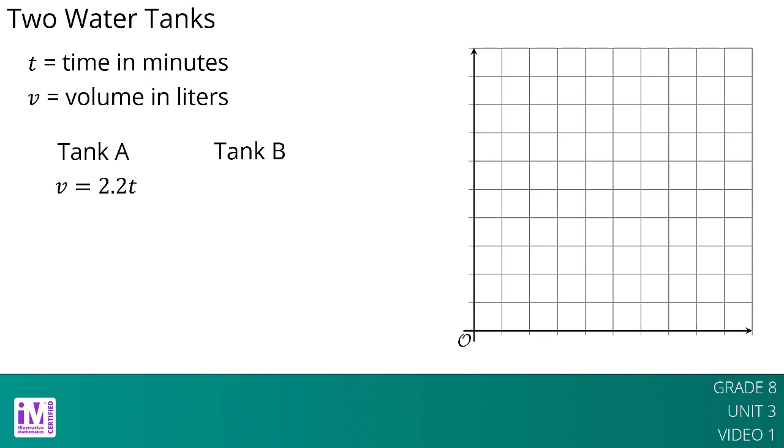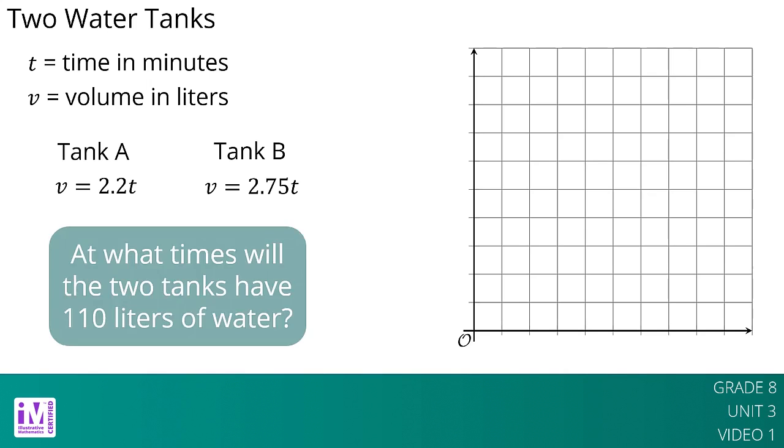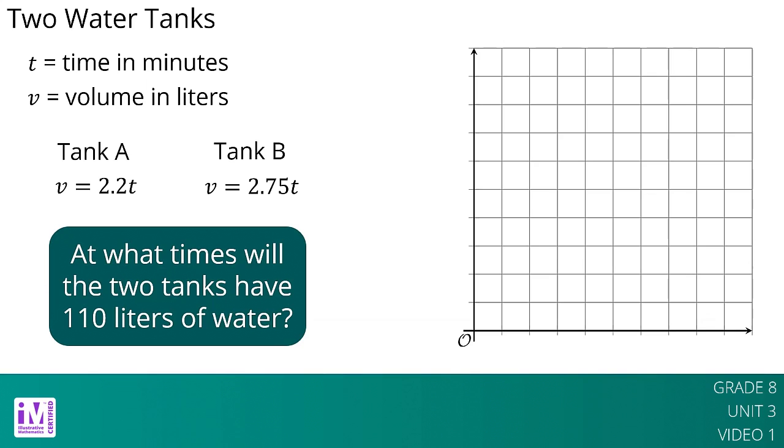For tank B, the relationship is V equals 2.75T. These equations tell us that tank A is being filled at a constant rate of 2.2 liters per minute and tank B is being filled at a constant rate of 2.75 liters per minute. At what time will the two tanks have 110 liters of water?